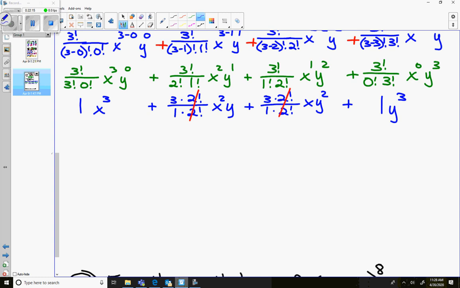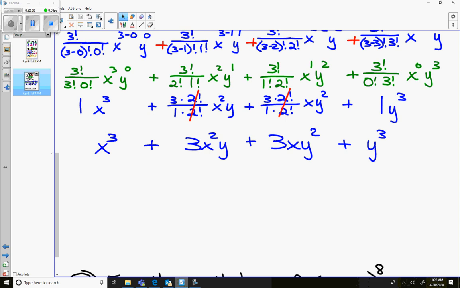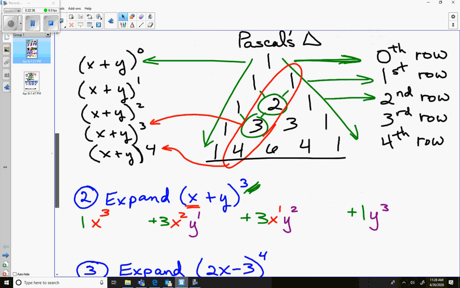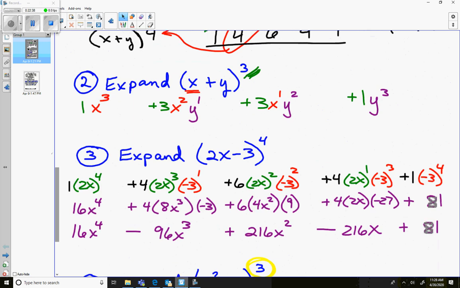And what we are left with is simply x cubed plus 3x squared y plus 3xy squared plus y cubed, which is the exact answer we got right here when we did it in Pascal's triangle.